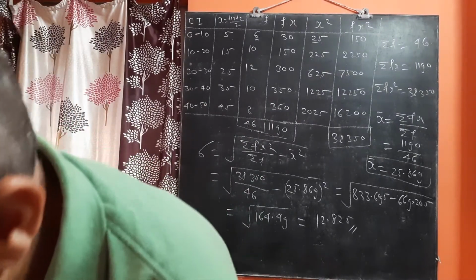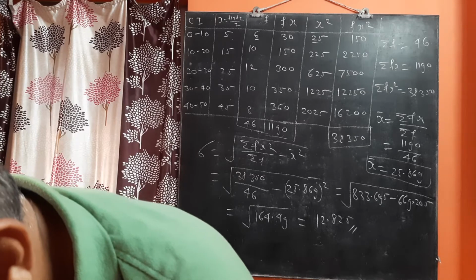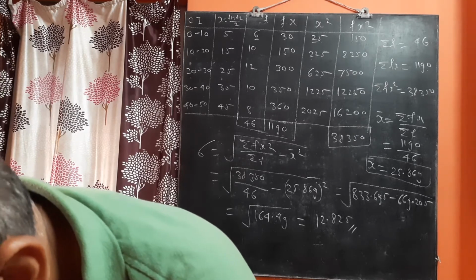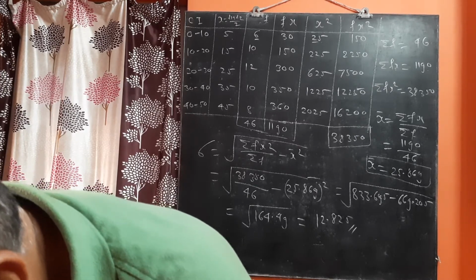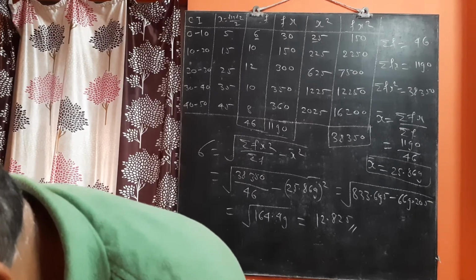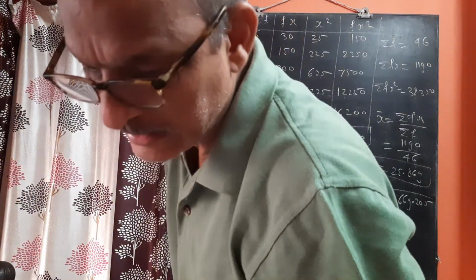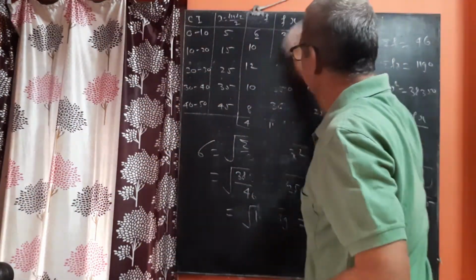Now the next topic from our syllabus, under the heading of measures of dispersion, is coefficient of variation.